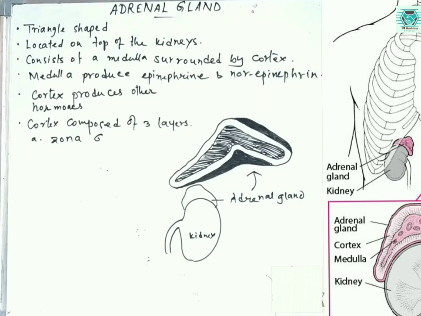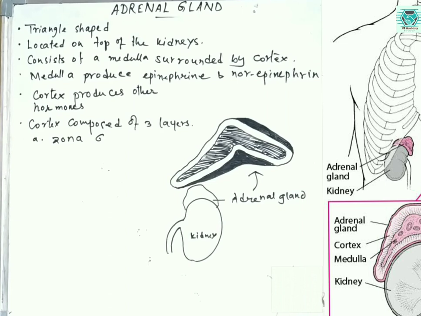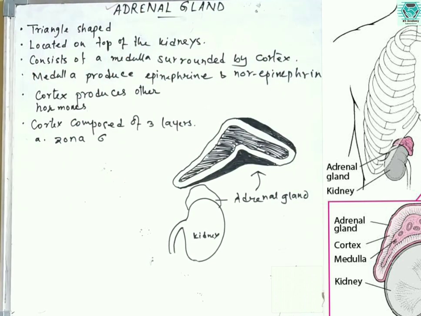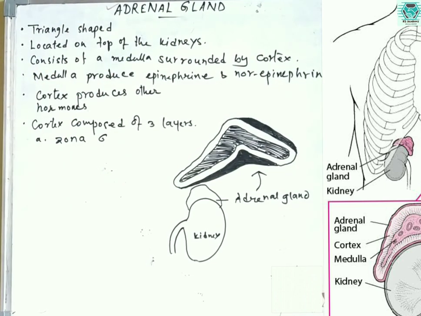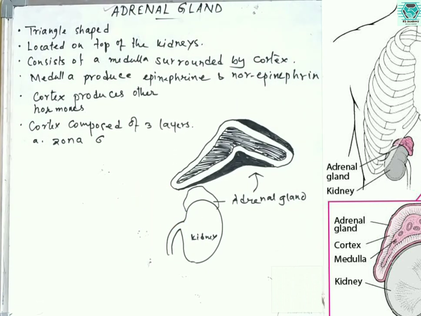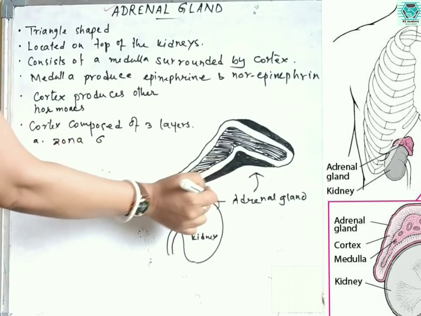Today I will discuss another endocrine gland, that is the adrenal gland. The adrenal gland is located above the kidney. We know that we have two kidneys, and above the kidneys the adrenal gland is located.